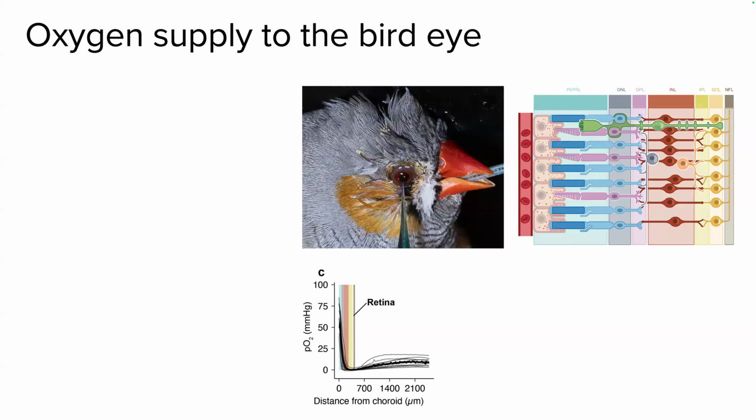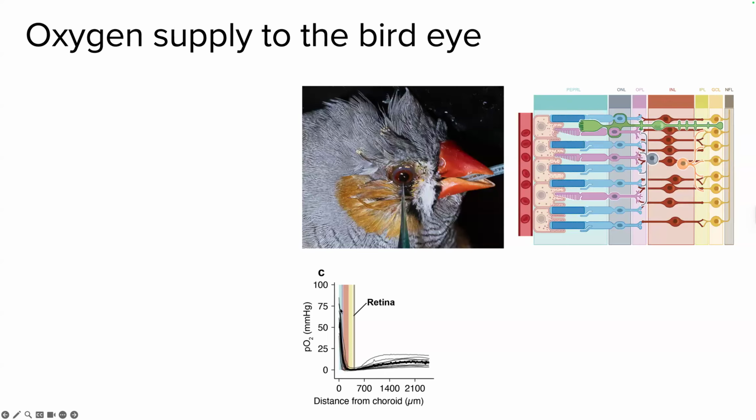So we could use all our mouse equipment on the zebra finches. So we could anesthetize them, keep them physiologically stable, and then insert one of these oxygen-sensitive glass electrodes into the vitreous of the eye, and then gradually lower it through the entire eyeball, through the pecten and into the retina.